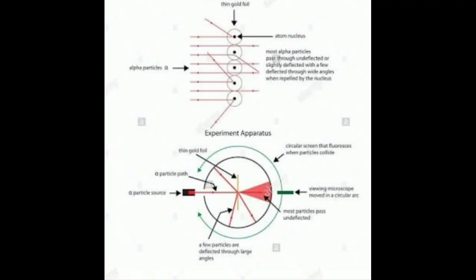So the alpha particles that travel close to the nucleus deviate from their path, and those that travel through the empty space travel in a straight line. Only one out of 20,000 hits the nucleus. So due to repulsion between the positive charge of the nucleus and the positive charge of the alpha particle, that one particle moves in the opposite direction.